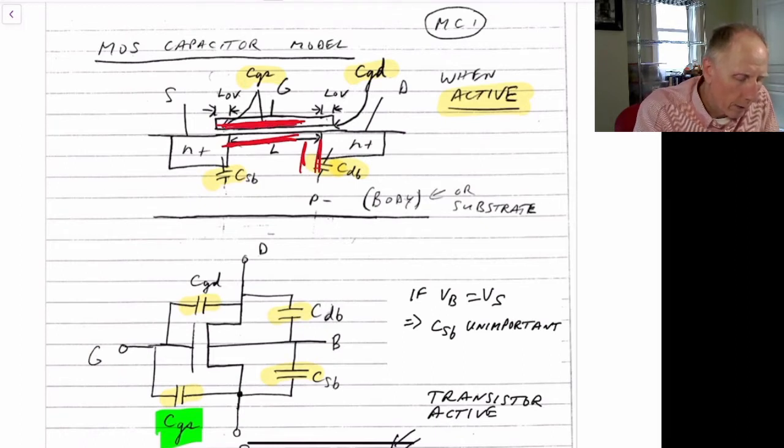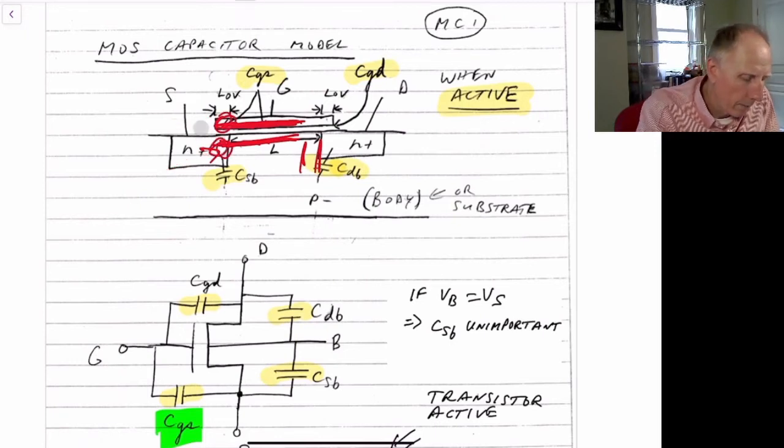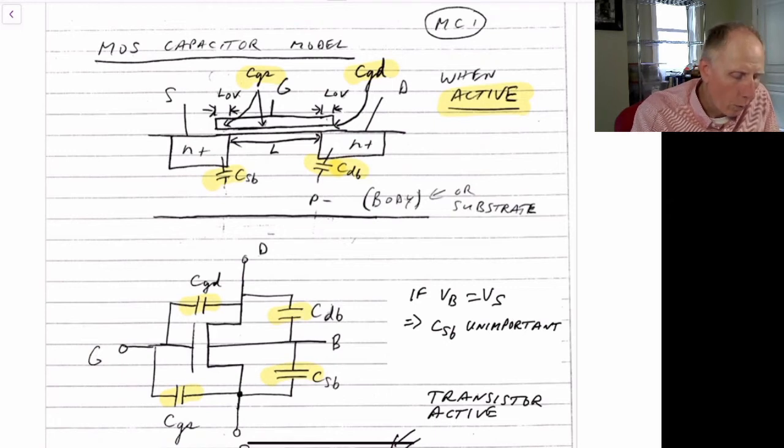So this whole capacitance between these two red lines here, which would be the gate to source capacitance, would include this region around here and here. So that's our gate to source capacitance.